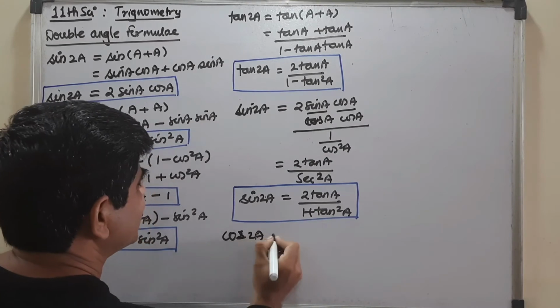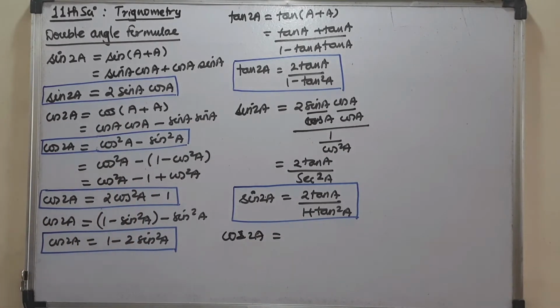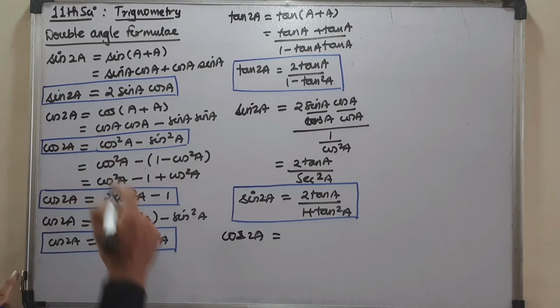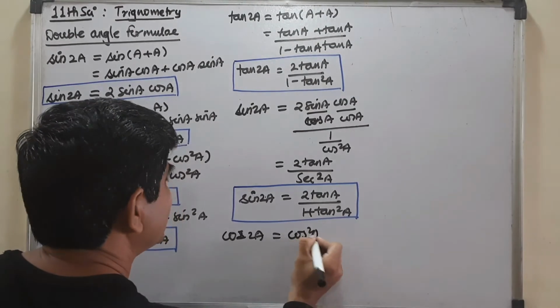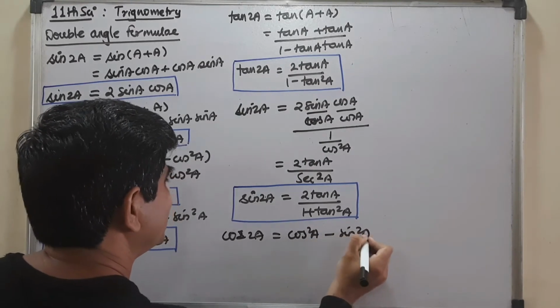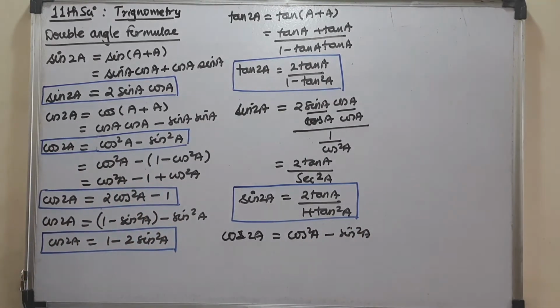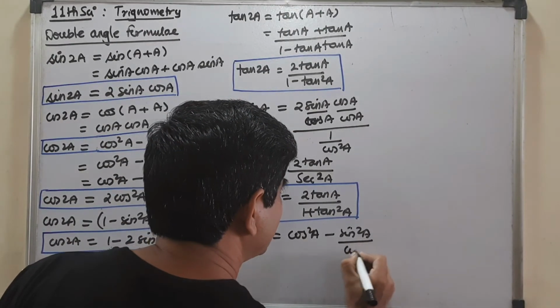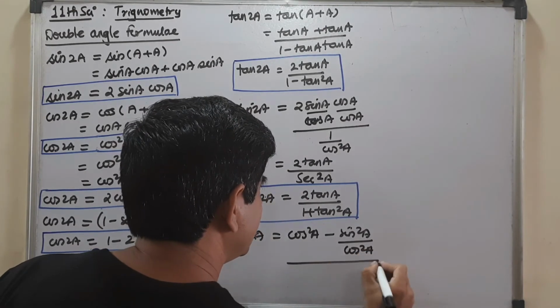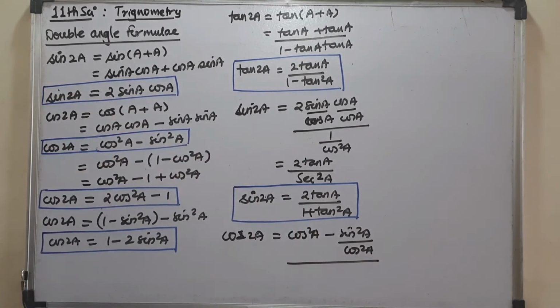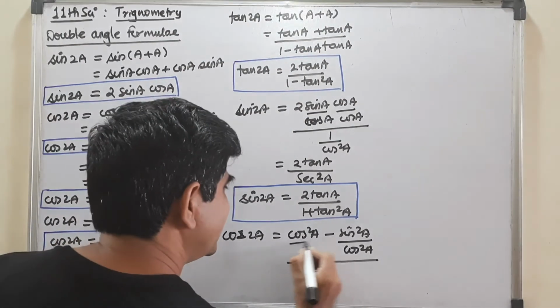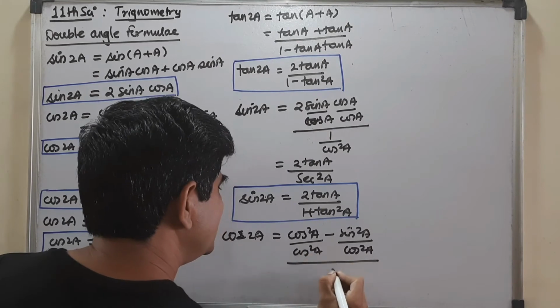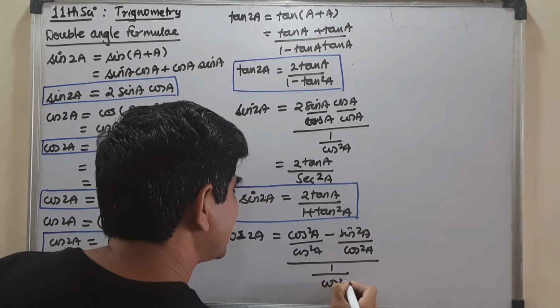Cos 2A is equal to either this formula or this formula, any of them. So leave the 2 one and take this one, that is cos square A minus sin square A. Here it is clear that I will have to divide this by cos square A. So here also something is there which I did not get, so I will divide by cos square A. That means numerator and denominator I divided by cos square A.